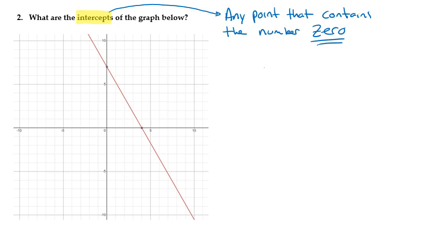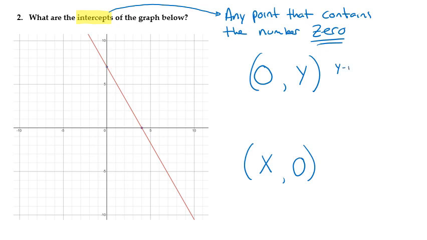So you could have a 0 for the x, and you could have some number for y. You could have the 0 for the y, and then any number for the x. Right? The first one is called the y-intercept. And the second one is called the x-intercept.